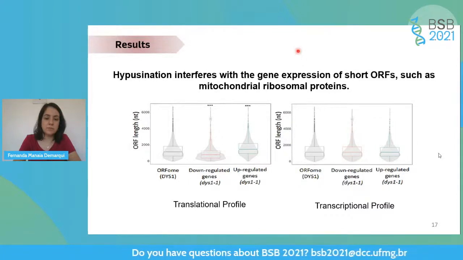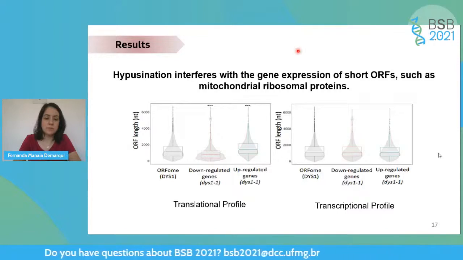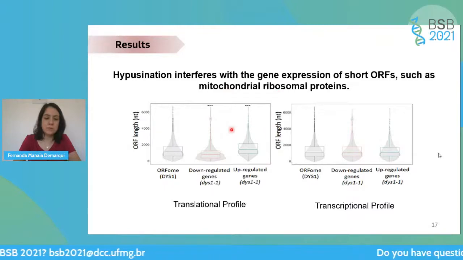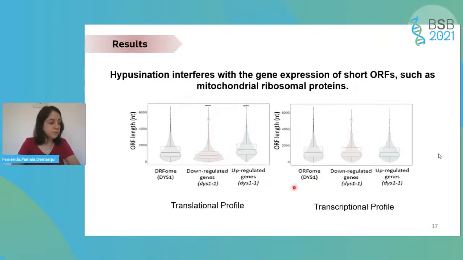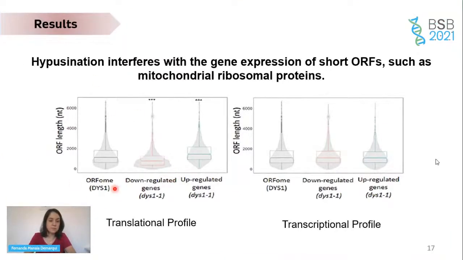We found significantly different ORF length distribution for up and downregulated mRNAs in the GIS11 translational profile compared to the wild type, implying that ORFs recruited for translation in the mutant strain are on average longer than those for the wild type. While the translation of short ORFs was strongly affected, these results were not observed for the transcriptional profile.